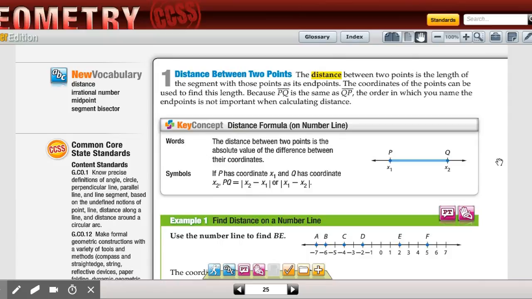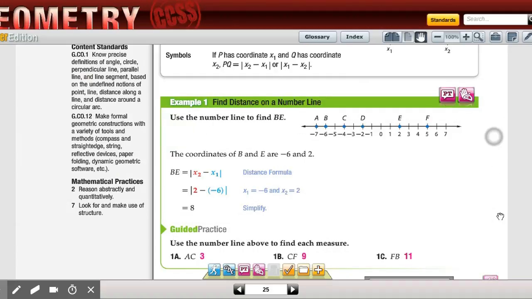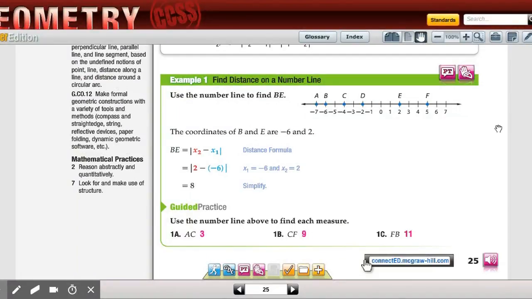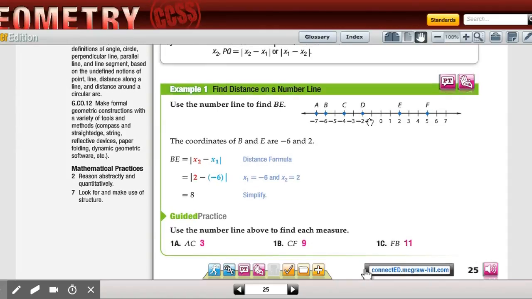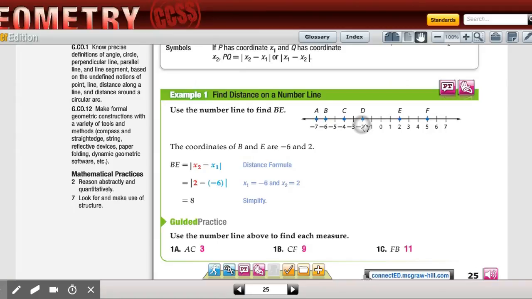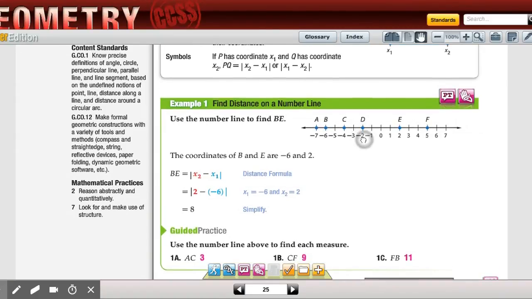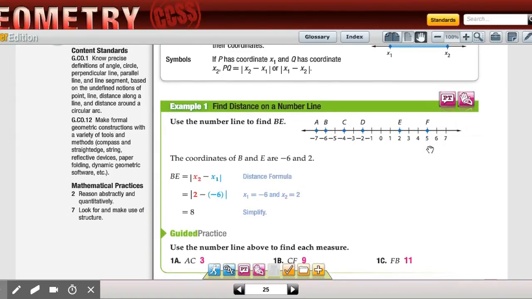And it shows that if you want to know the distance between 2 points, you subtract 1 point from the other and take the absolute value. So in other words, you kind of count between the 2 points and see how far apart they are. Like here, if they're talking about the distance between point D and F, you have to be able to say, okay, this is -2 and this one is 5.